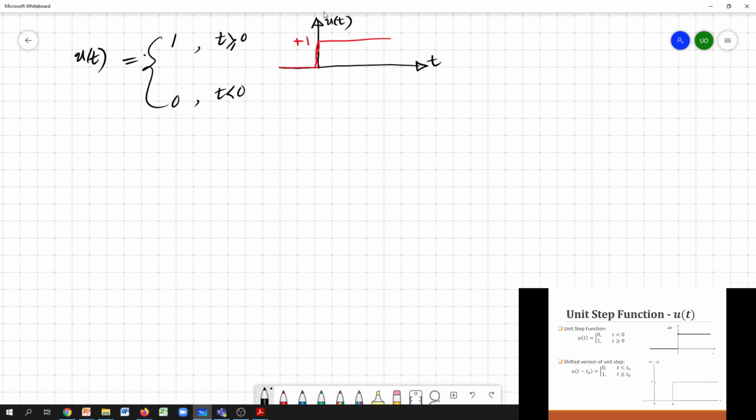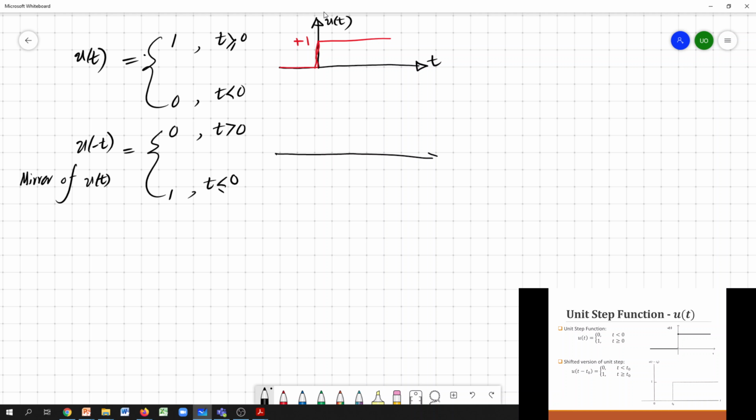Let's assume, what about this one? This is u(minus t). This is the mirror image of u(t). So this mirror function of u(t) is u(minus t). It can be defined like this: 1 for t less than or equal to 0, and 0 for t greater than 0. If you draw it, it's something like that.